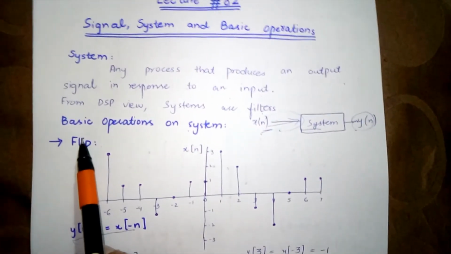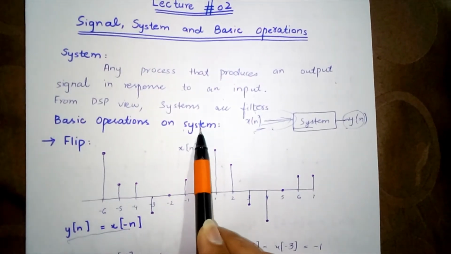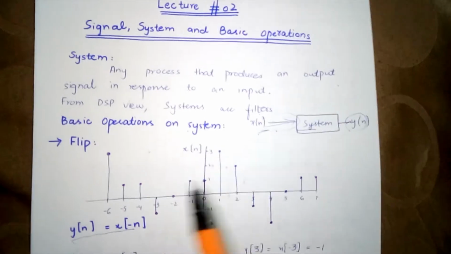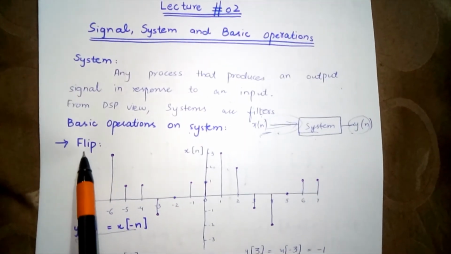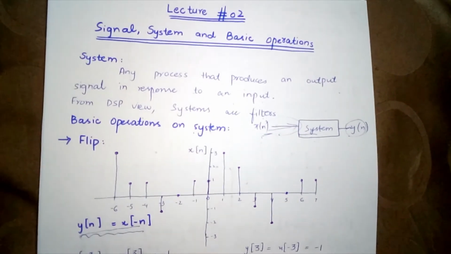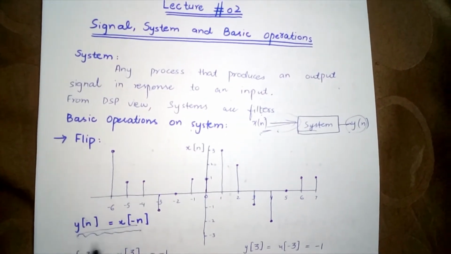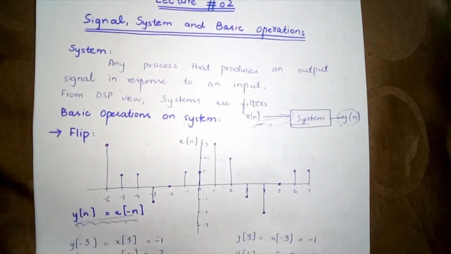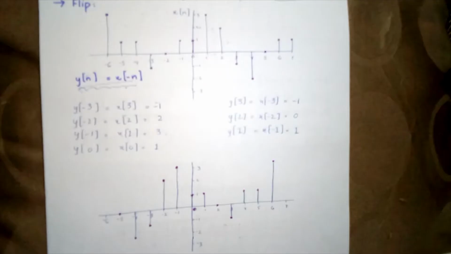There are three basic operations on the system that we will apply to the original signal. The first one is flip. This is the function. When we put the values of n in this function, we get different values, and these values are applied to the system.